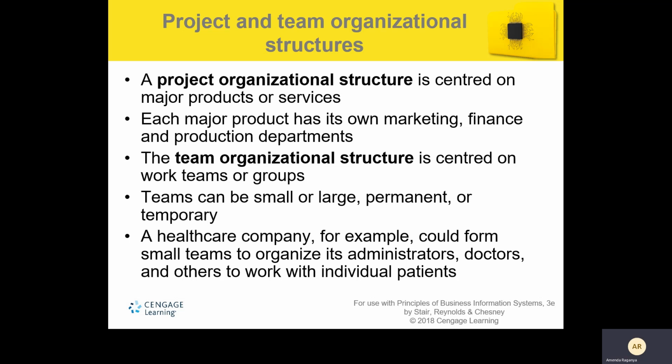Then we've got a team organizational structure, which is centered on work teams or groups. Academics, it's a team. Sales, it's a team. Finance, it's a team. What happens in finance happens in finance. What happens in academics happens in academics. What happens in sales happens in sales. So those are teams that we have in one organization.